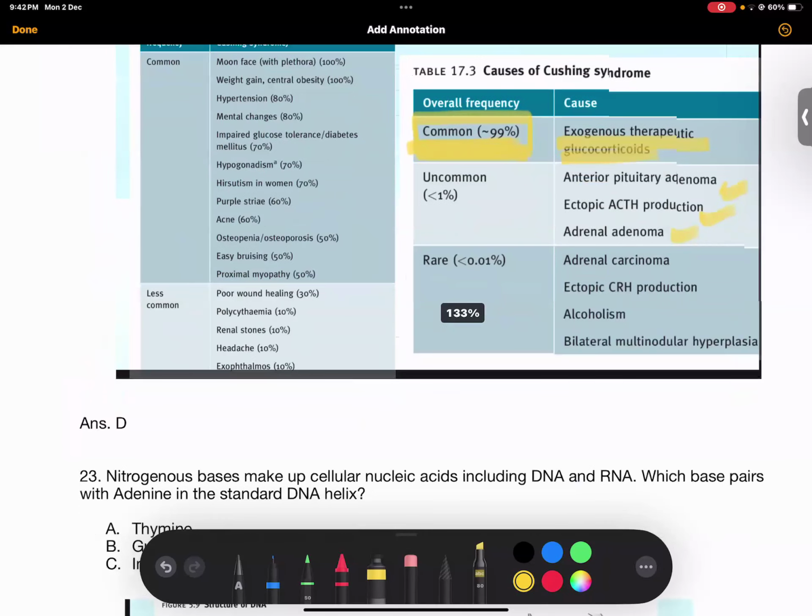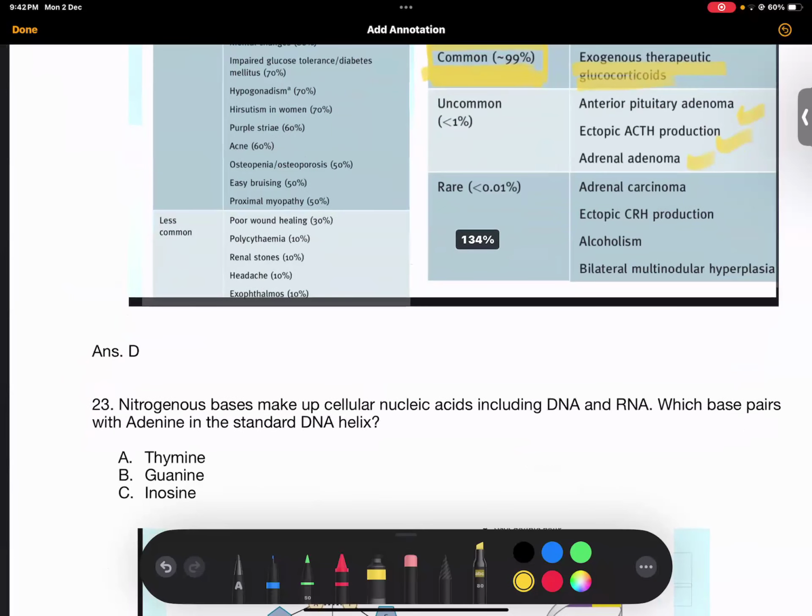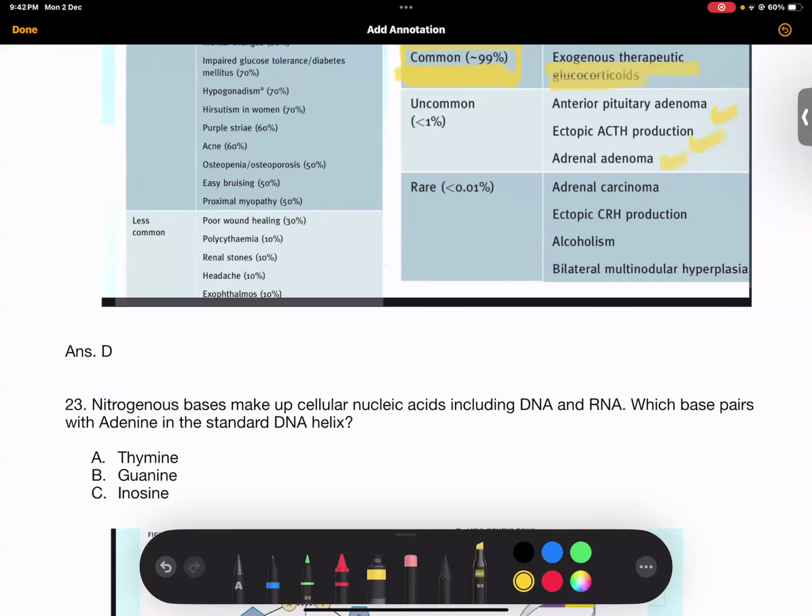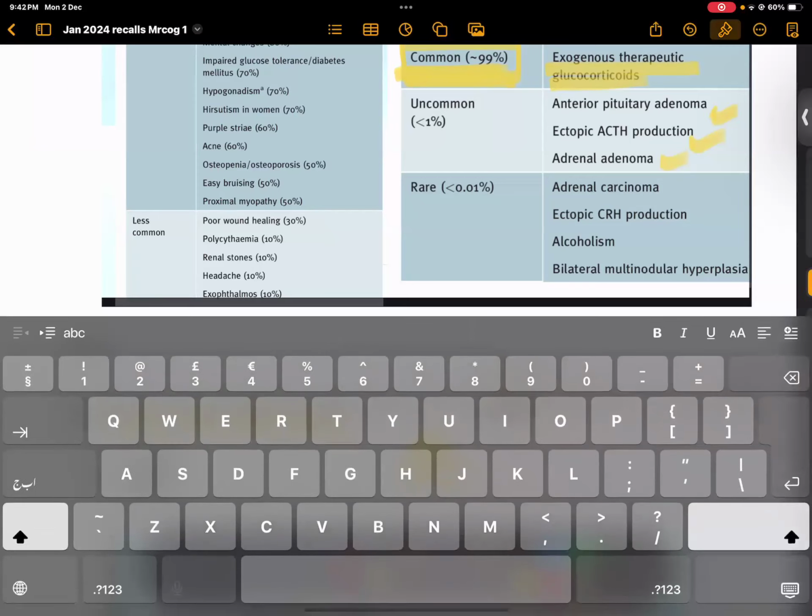Okay, so nitrogenous bases make up cellular nucleic acids. Which base pairs with adenine in the standard DNA helix? So A pairs with, so very easy. A is with thymine, basically.